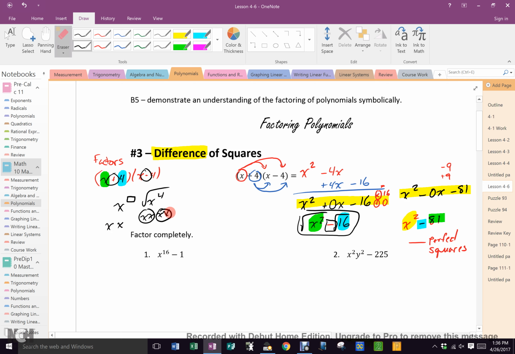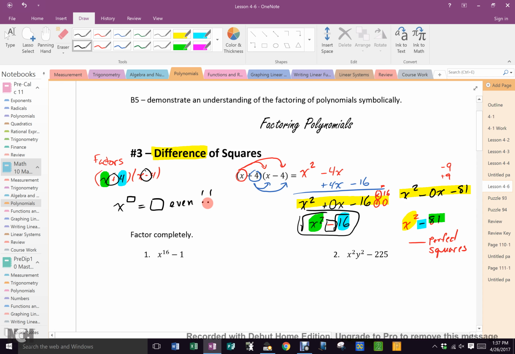X squared. So x4 works. Does x5? Yes or no? No. Does x6? Yes. So now you can answer this question. What has to be in that box for there to be a square root? Right. The box has to be even.